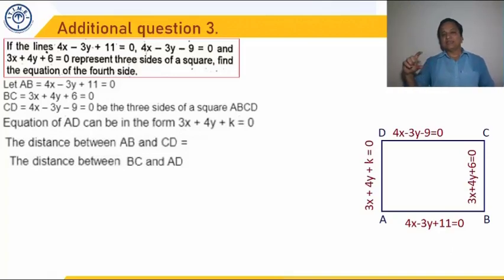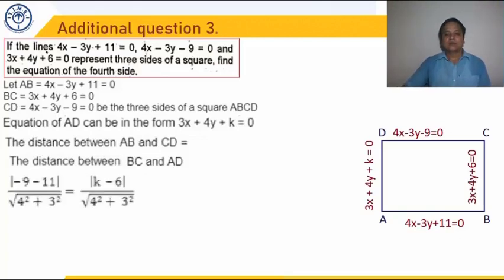And the distance between AB and CD is the same as the distance between AD and BC, because the sides of the square are the same and the sides meet at 90 degrees. So applying the formula, c1 minus c2 upon root a square plus b square, it's modulus of minus 9 minus 11 upon root 4 square plus minus 3 square is equal to modulus of k minus 6 upon root 4 square plus 3 square.